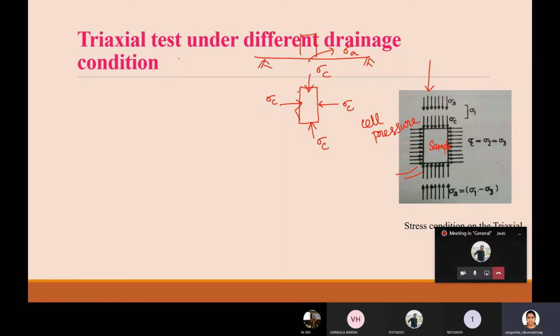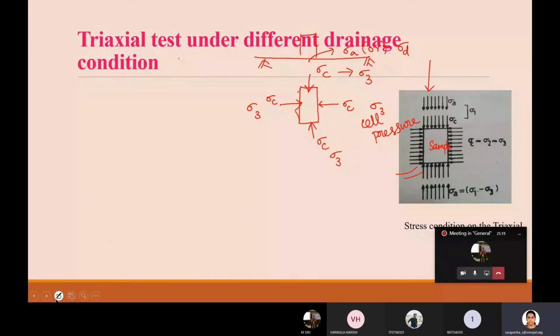Note that in some places it is denoted by the letter sigma D. If you wish to translate them in terms of principal stresses, this sigma C is nothing but your sigma 3. Confining pressure, cell pressure, sigma 3 are all your minor principal stress. So sigma 3 is the initial stress acting on the soil.